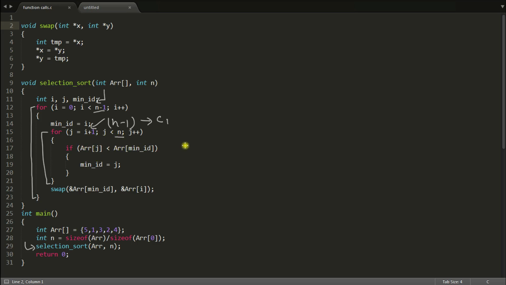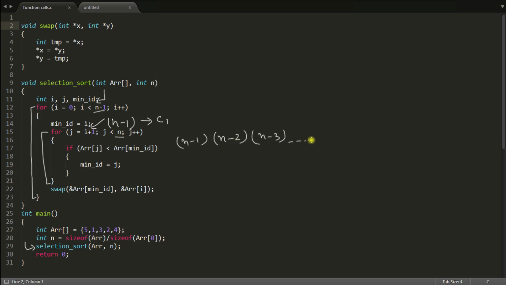So for I is equal to 0, for first case this will go up to 1 to n. So it will go n minus 1 time for I is equal to 0, and then for I is equal to 1 it will go n minus 2 times. Okay, so for I is equal to 2 it will go n minus 3 times, because you are adding this 1. If I is 1, 1 plus 1 is 2, 2 less than n, so it is going that many times.